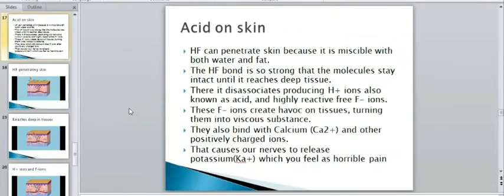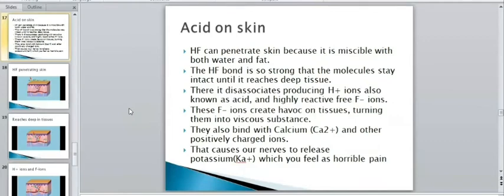Acid on skin. Now I will tell you how the acid reacts on skin. HF can penetrate skin because it is miscible with both water and fat. The HF bond is so strong that the molecules stay intact until they reach deep tissue. There it dissociates, producing hydrogen ions, also known as acid, and highly reactive free fluorine ions.